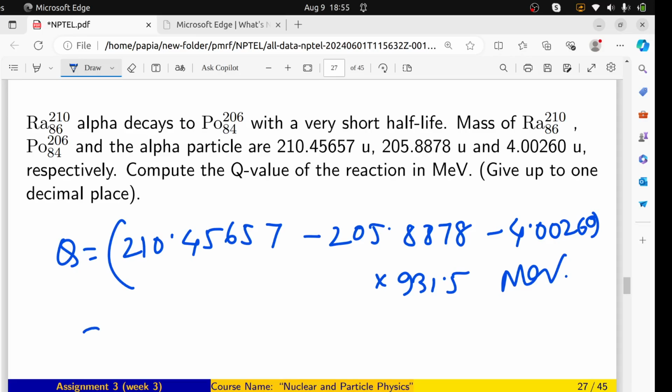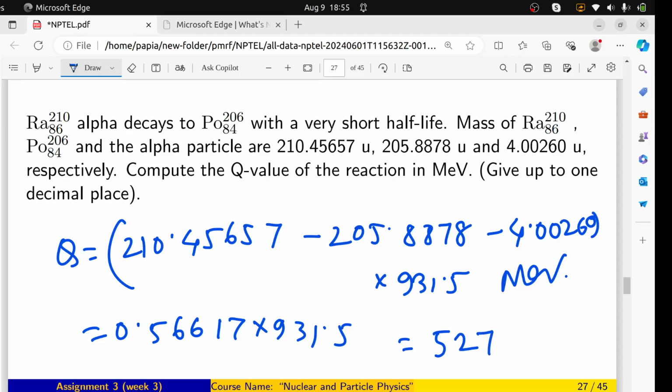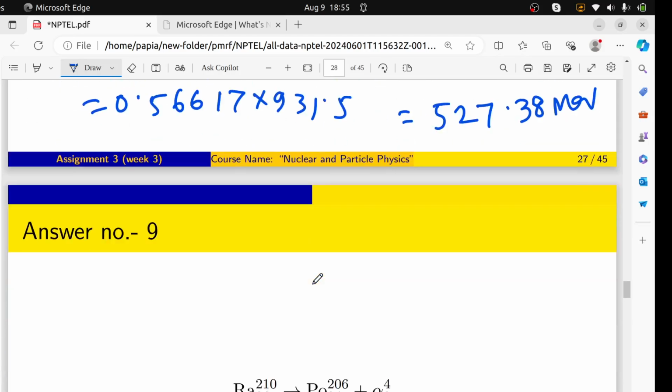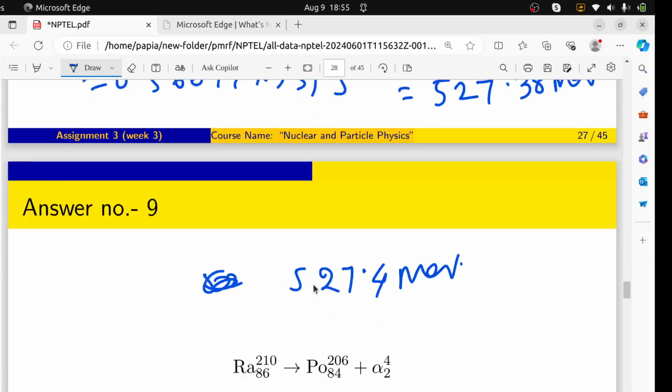Okay, that is 0.56617 into 931.5. That will be 527.38 MeV. So give up to 1 decimal place, so obviously it will be 527.4 MeV.